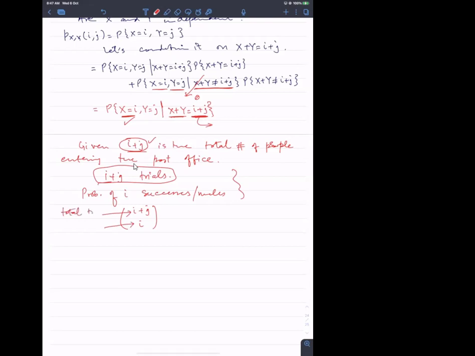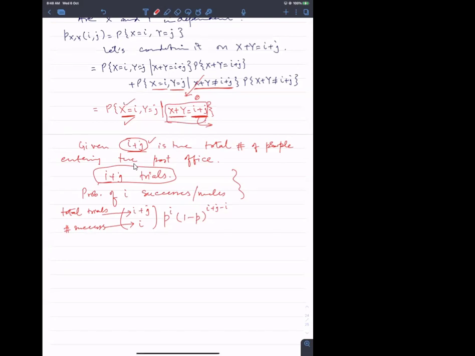Into the probability of success in each trial, p power I, and 1 minus p power I plus J minus I. So this is the probability, कि आपने given you have performed I plus J trials, what is the probability that you will have I successes?